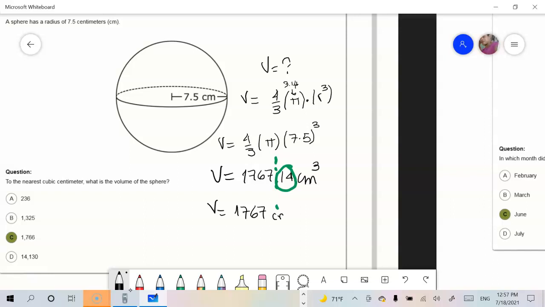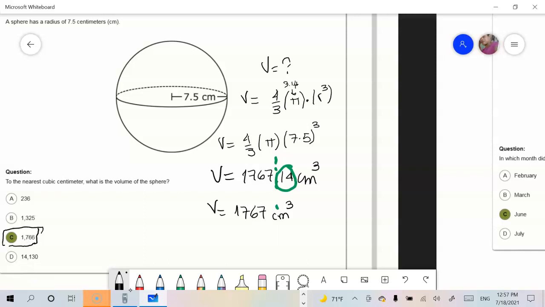1767 cubic centimeters. Okay, so now you don't have 1767 in the answer, so the right option is option C. You got 67 and the answer says 66, but don't worry about it.